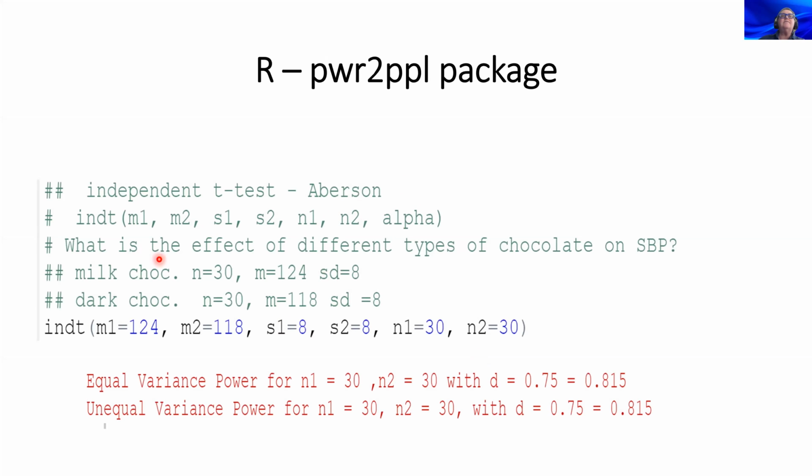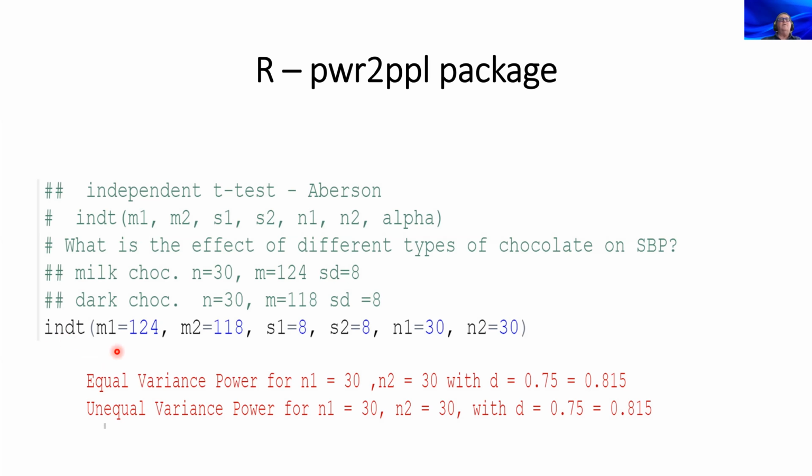And so I created this fictitious data, thinking, okay, it's in the afternoon, maybe someone is interested in chocolate. So let's say, what's the effect of different types of chocolate on systolic blood pressure? So we have one group which has an N of 30. Their systolic blood pressure was 124. Let's say they were randomly selected, and similarly for the dark chocolate group, and the standard deviation is 8. And then the dark chocolate N is 38, but their systolic blood pressure is 118.